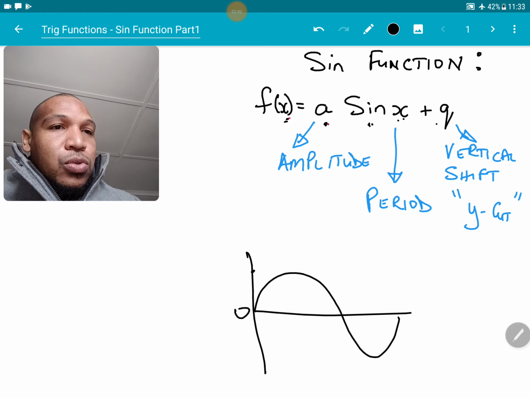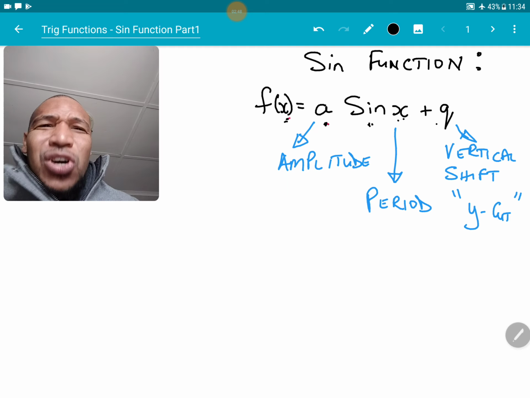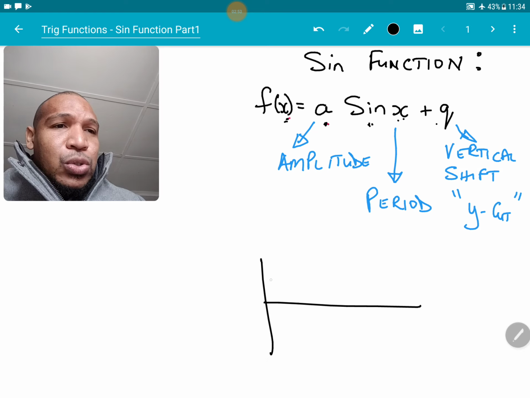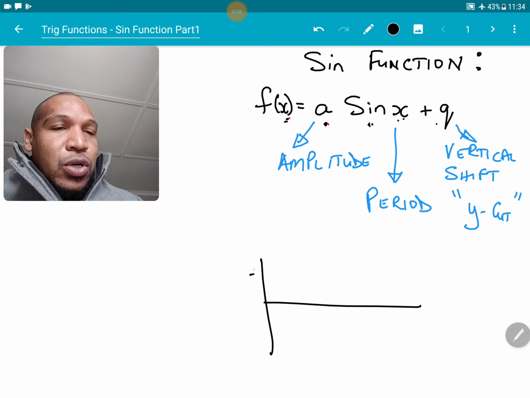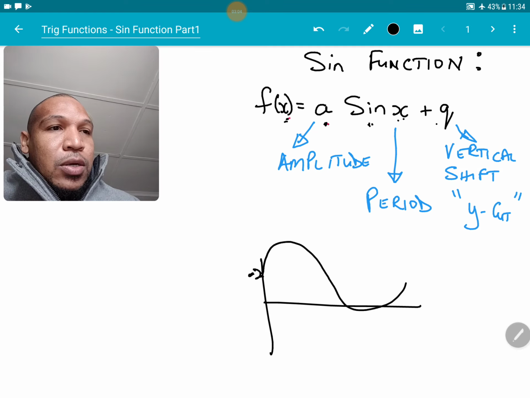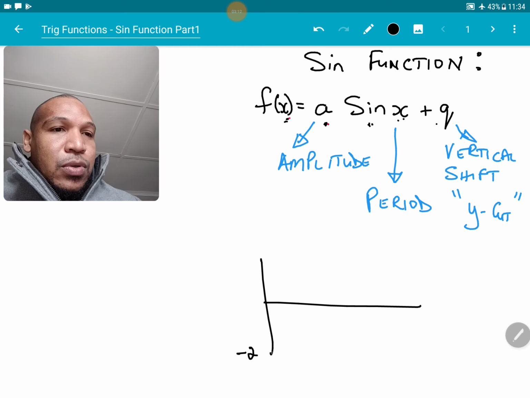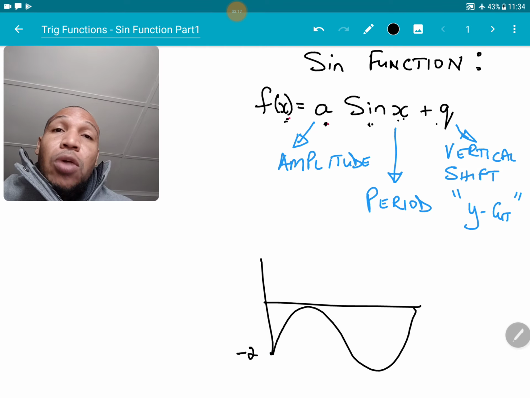If q is 2, we'll start there. If it's negative 2, it should look something like this, depending obviously on your amplitude, but we will get into that as we move along.